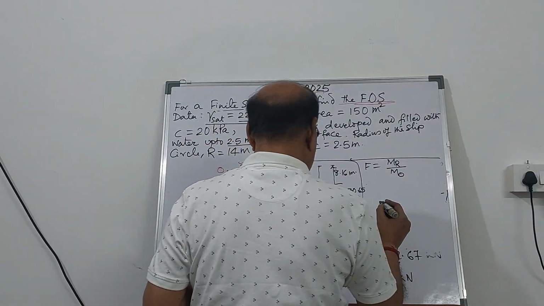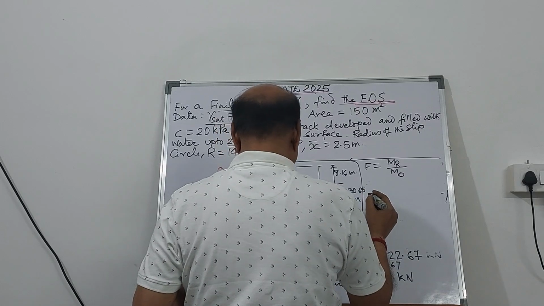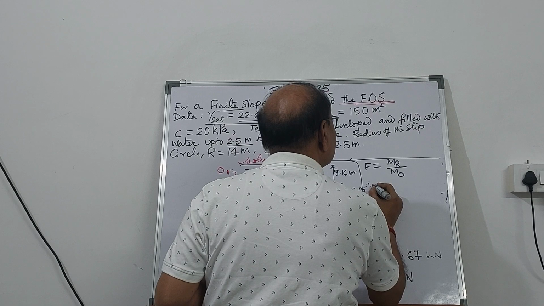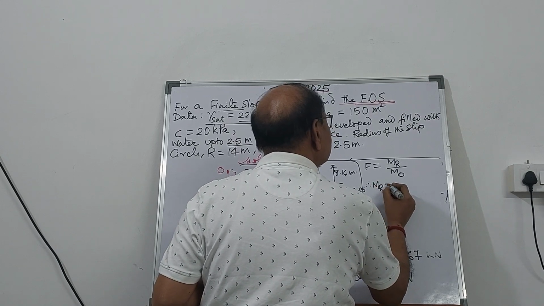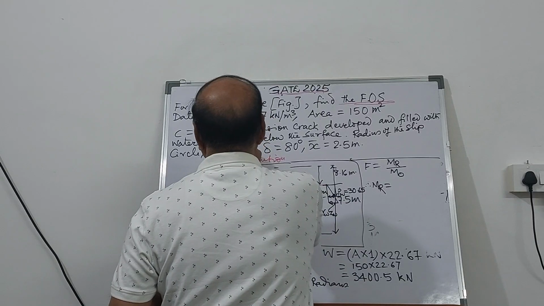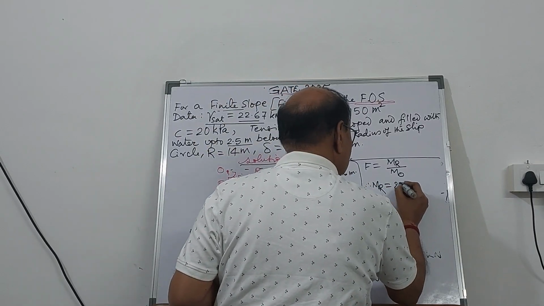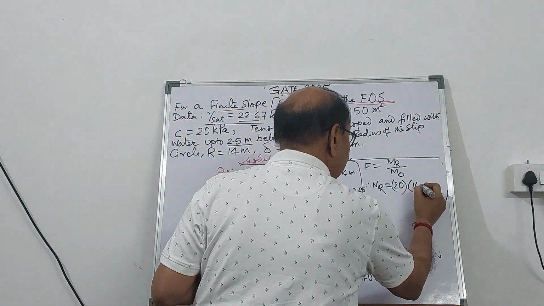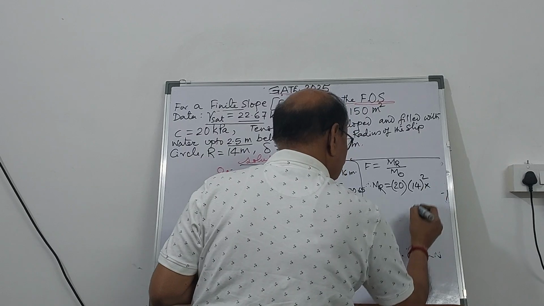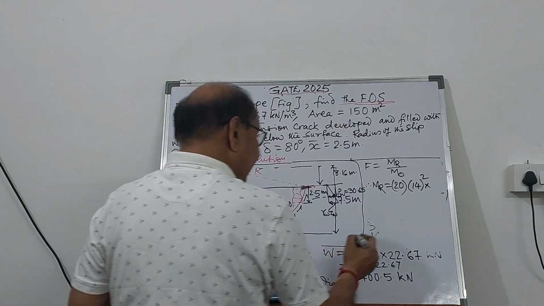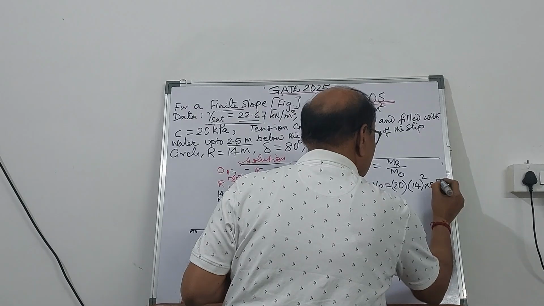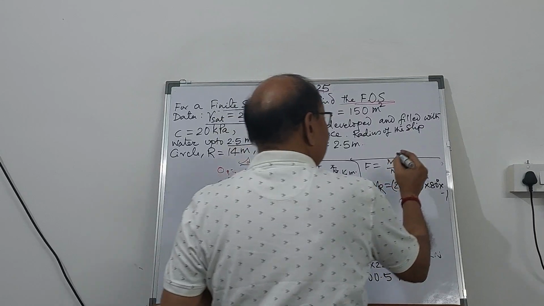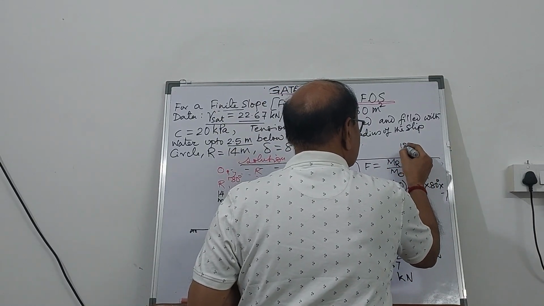The resisting moment is therefore equal to C, which is given to me as 20 kilopascal. So 20 into R square. R is 14 meter, into delta. Delta is 80 degree. So in radians, you will have to convert it. 180 degree equal to pi radians.